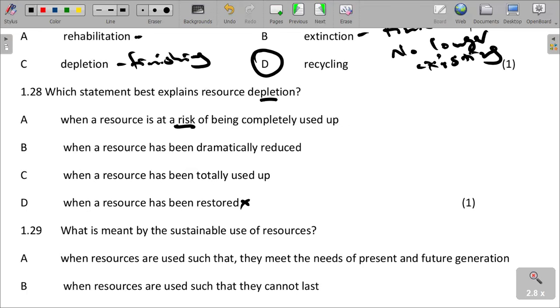When a resource has been drastically reduced, it can lead to depletion. When a resource has been totally used up, that is extinction. So it is supposed to be B.